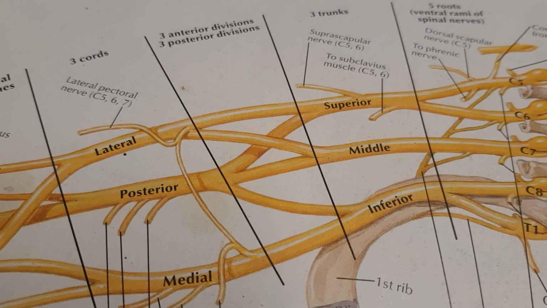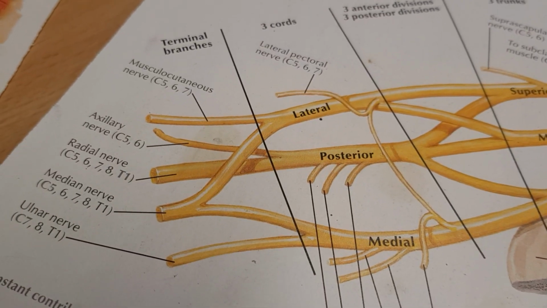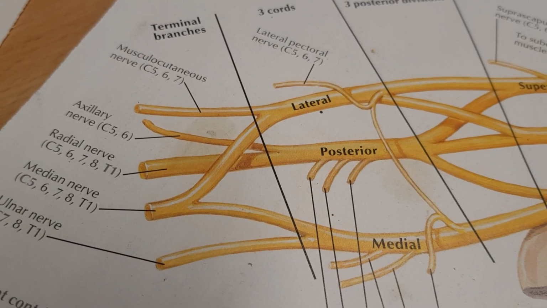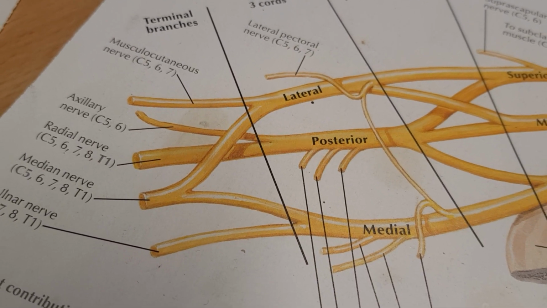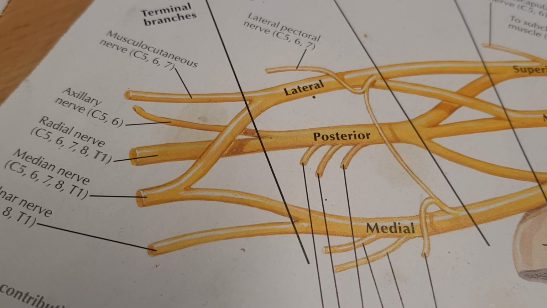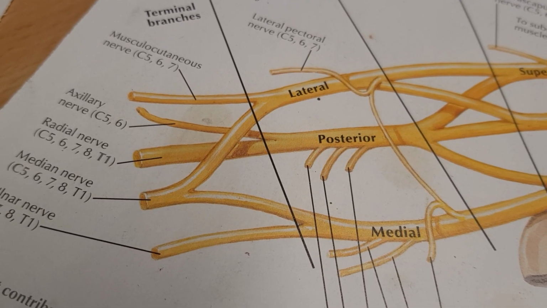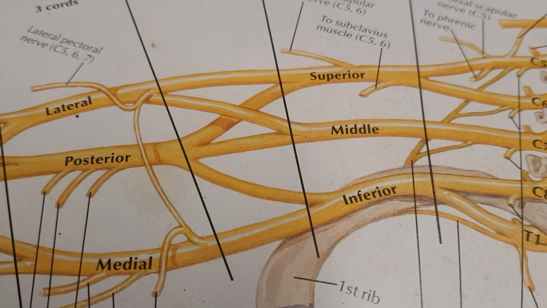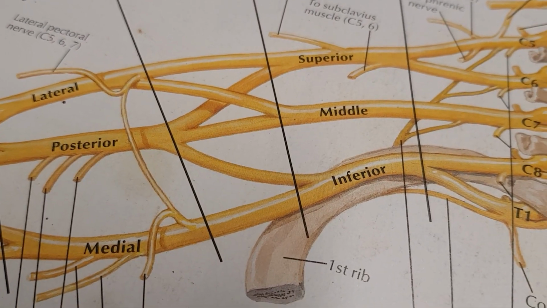You need to understand this. The anterior divisions will eventually become the nerves that will supply the anterior part of the upper limb. All the anterior muscles of the upper limb, that is forearm and arm, will be supplied by the nerves that branch from the anterior divisions.